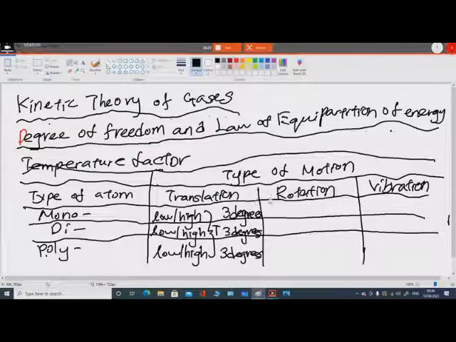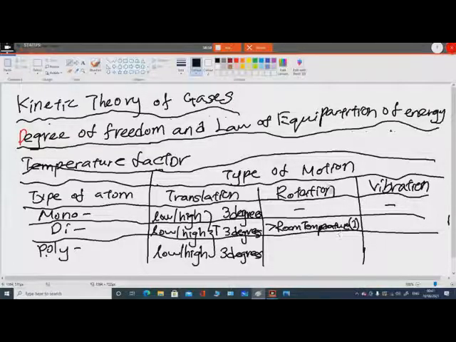There's no rotational motion and vibrational motion. As for the diatomic gases, the rotational motion only exists if the temperature exceeds room temperature. So this will be 2 degrees. This 2 represents the degrees of freedom for the diatomic gases.